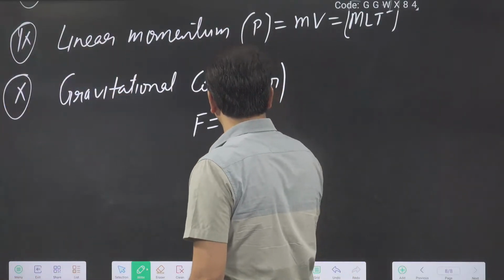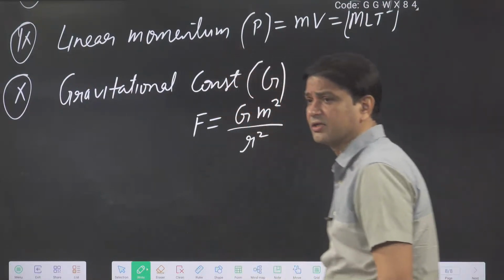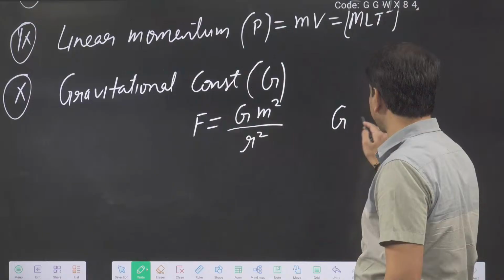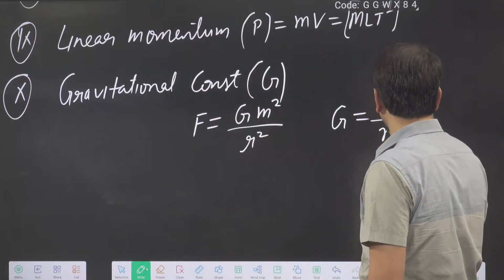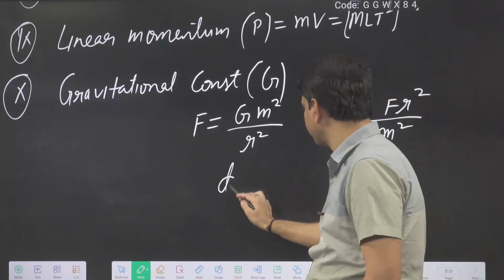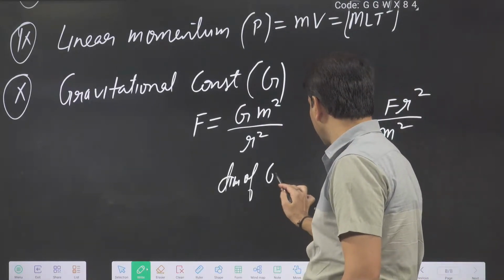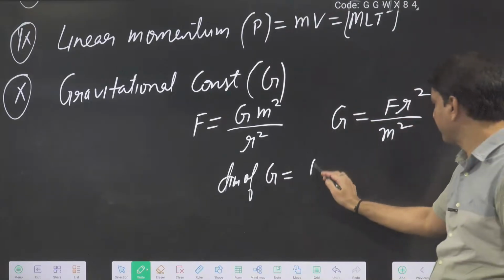F is equal to G m1 m2, means m square, by r square. Then capital G, what I can say? F r square by m square. Now all dimensions we know in the right hand side. So dimension of G, what we got? Force dimension is MLT minus 2.